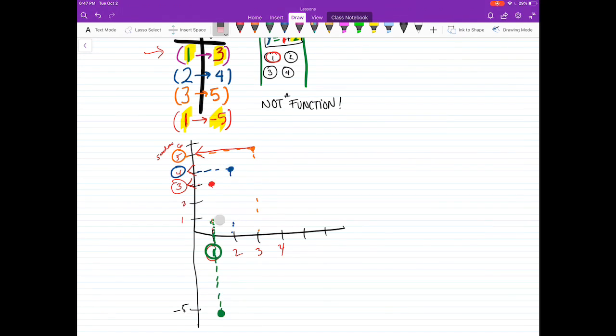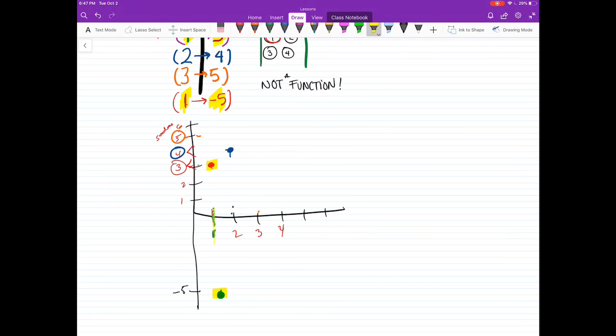Okay, so here's what you're seeing. This 1 maps to 2 areas. It maps to 3 and it maps to -5. How can 1 go to two things? It could only go to 1.